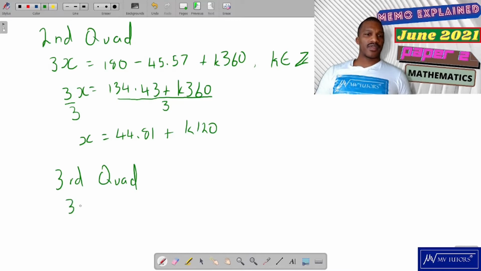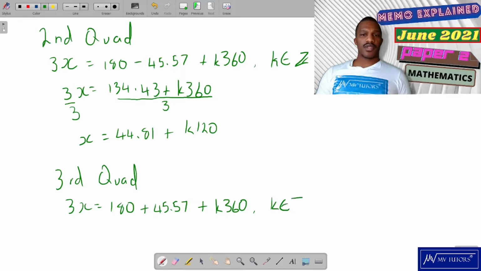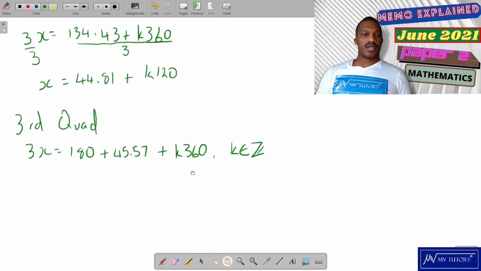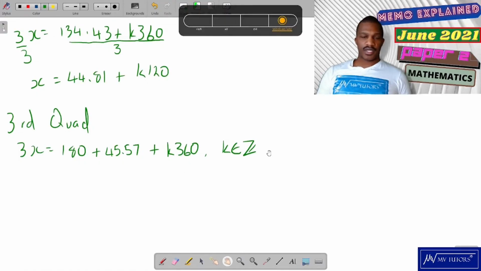So we'll have 3x is equal to 180 plus 45.57 plus k 360, where k is an element of the integers. All right, we need the calculator once again.